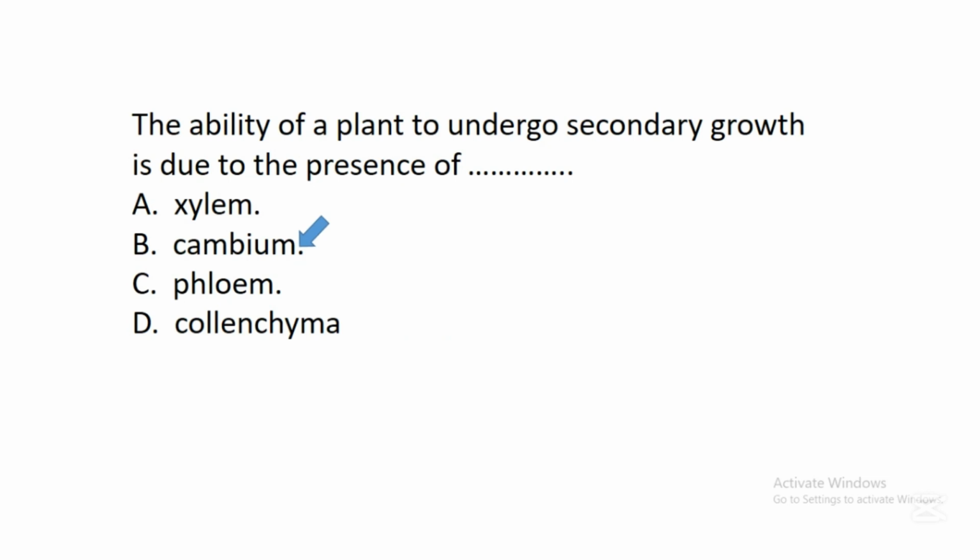So this tissue called cambium helps many plants to undergo secondary growth. There are plants called dicot plants, and research has shown that all these dicot plants undergo secondary growth, but the tissue that helps them to undergo that secondary growth is called cambium.